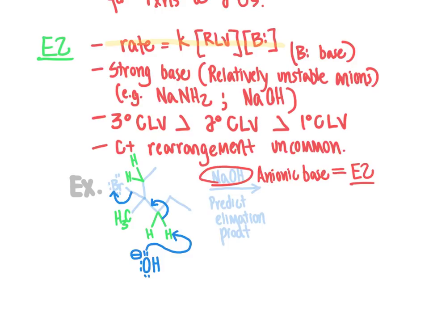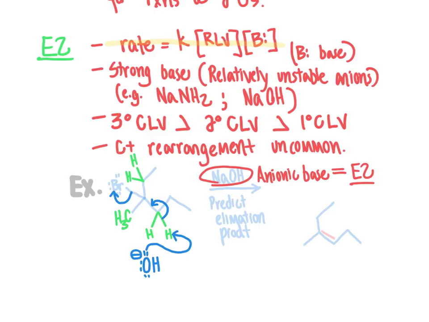So let's write out what the product would be resulting from this particular chemical reaction. So I'm going to go in and draw out our carbon skeleton here. And our new carbon-carbon double bond is going to be right here.